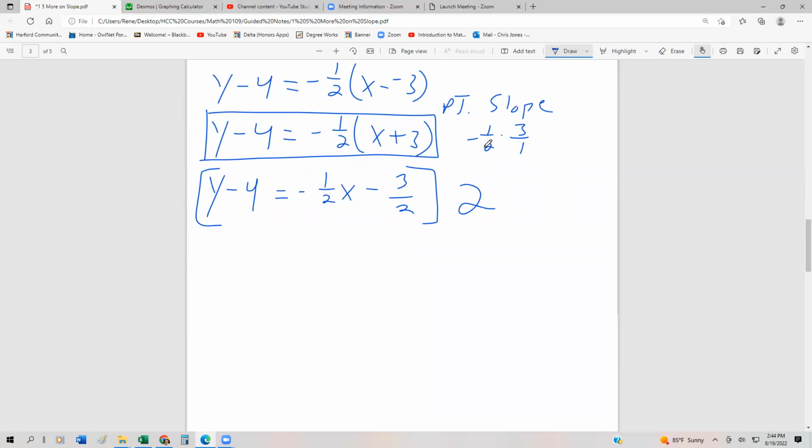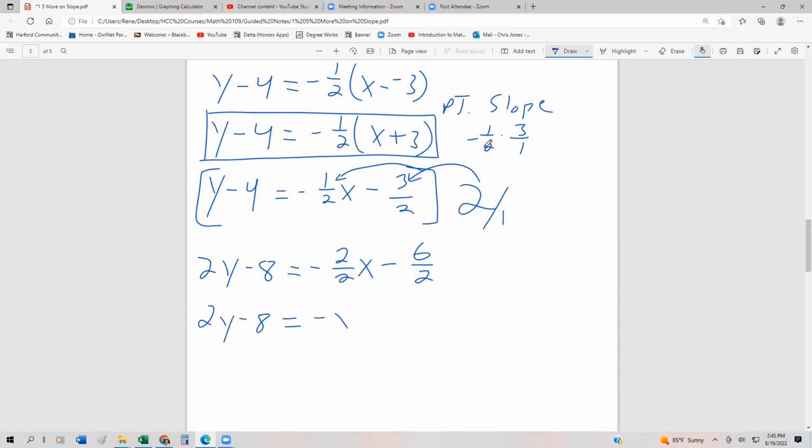So that's going to be 2y minus 8 equals minus 2 over 2 x, and then minus 6 over 2. So I just multiplied the numerators by 2 and the denominators by 1. And of course, we can simplify those. So we get 2y minus 8 is going to be equal to negative 1x minus 3.